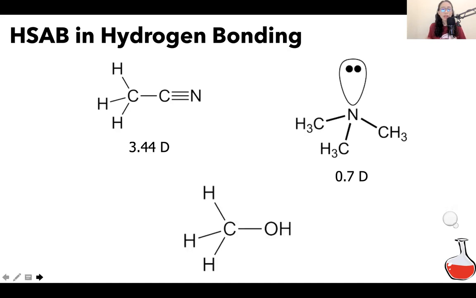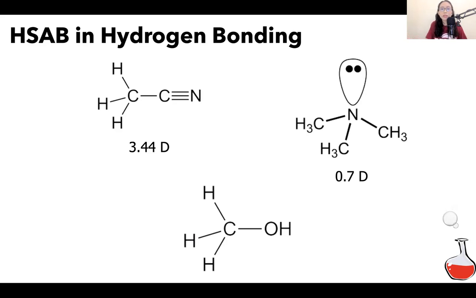Let's say methanol forms hydrogen bonds between these two molecules. So you have a hydrogen bond between methanol and acetonitrile and a hydrogen bond between methanol and trimethylamine. So the question is, which of the two hydrogen bonds is stronger?